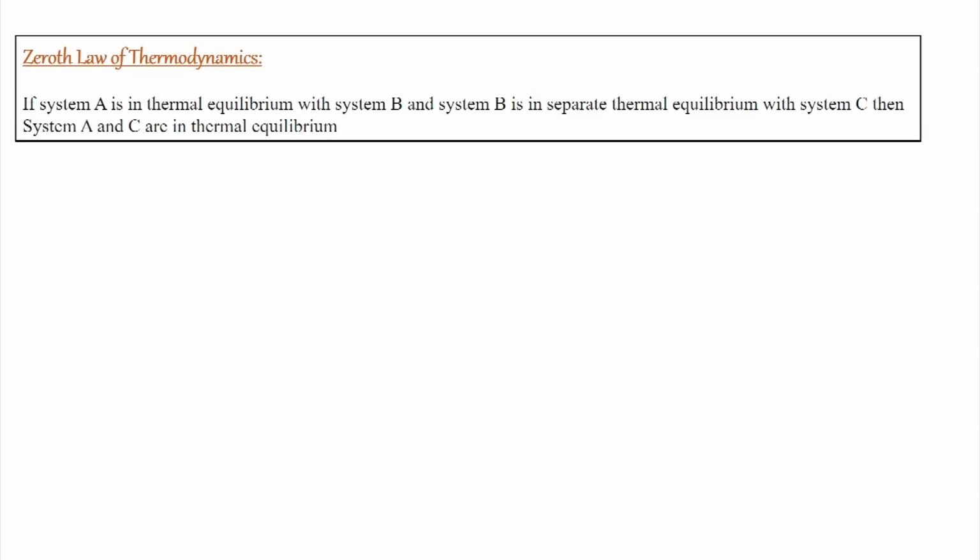Now, let us see some laws of thermodynamics. First, we have the zeroth law of thermodynamics. The zeroth law of thermodynamics states that if system A is in thermal equilibrium with system B and system B is separately in thermal equilibrium with system C, then system A and system C are said to be in thermal equilibrium.